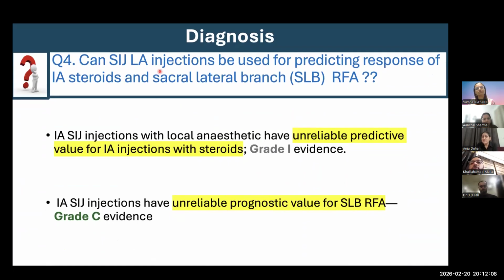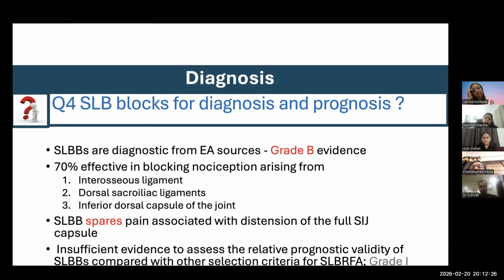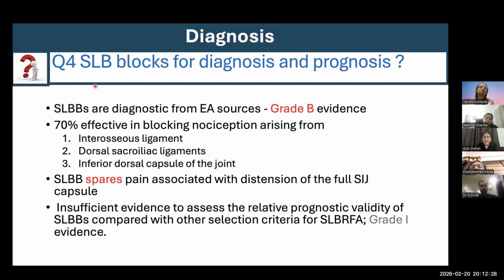Can SIJ local anesthetic injections be used for predicting response to intra-articular steroids or sacral lateral branch blocks? No, both have unpredictable prognostic value for injection with steroids or for SLB-RFA. Can sacral lateral branch blocks be used for diagnosis and prognostic value for SLB-RFA?